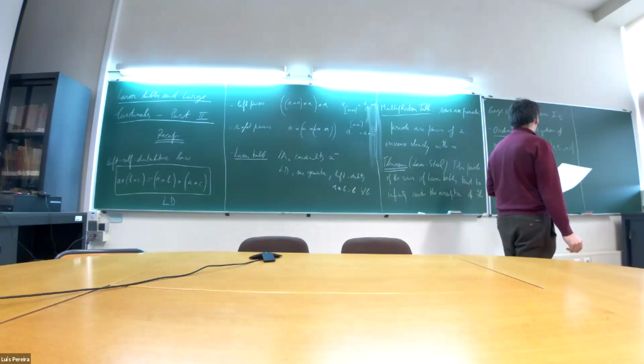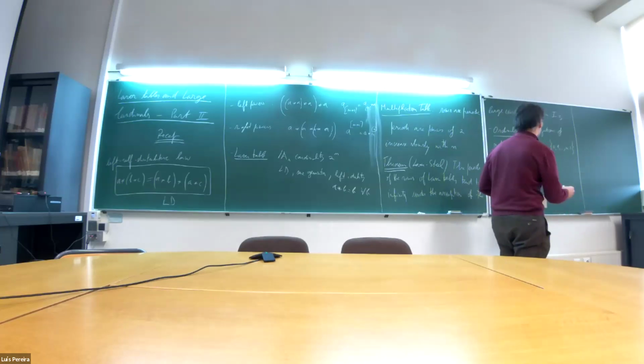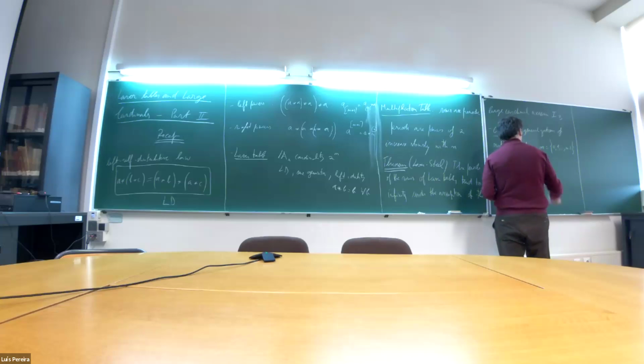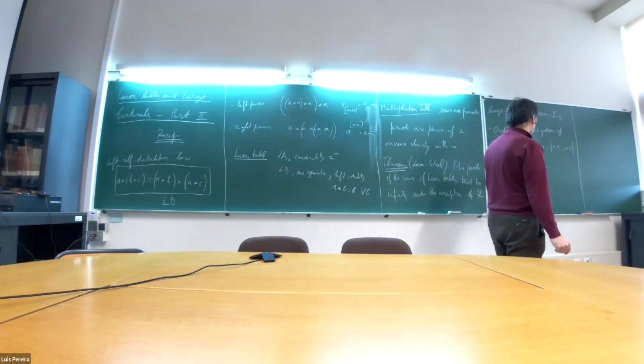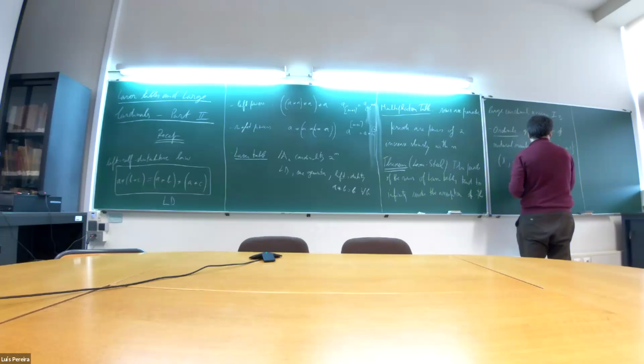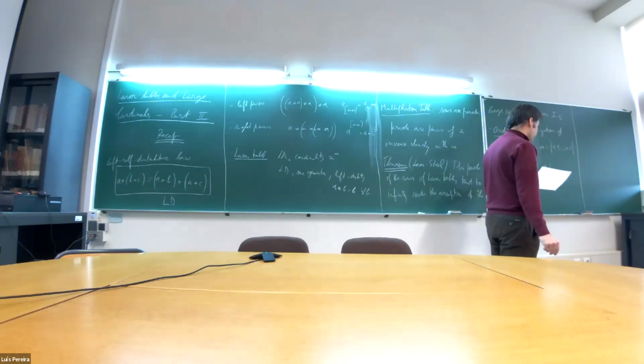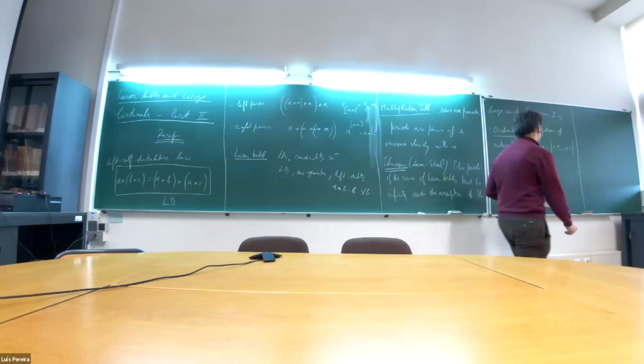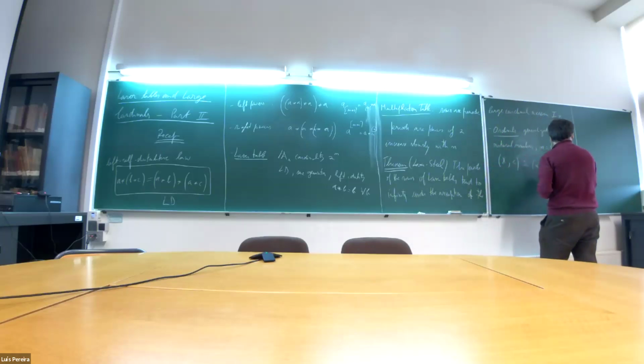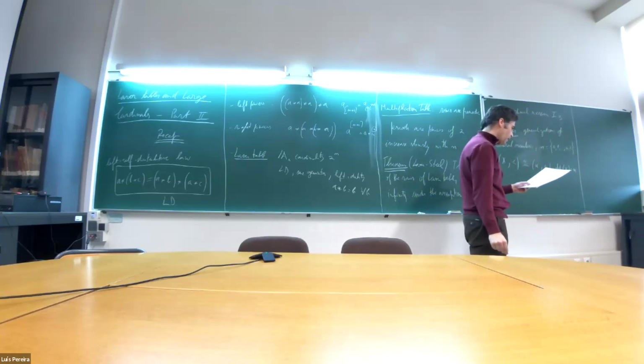So I won't define it again, but I'll just recall that any well-ordered set is isomorphic to an ordinal with the membership relation. And so we have the order type of X equals alpha in this case.